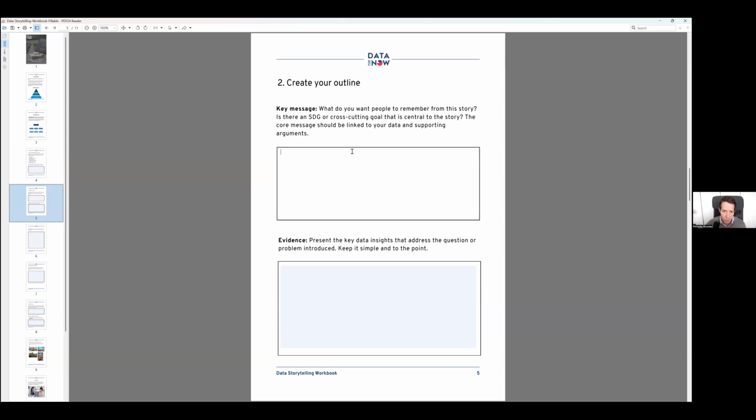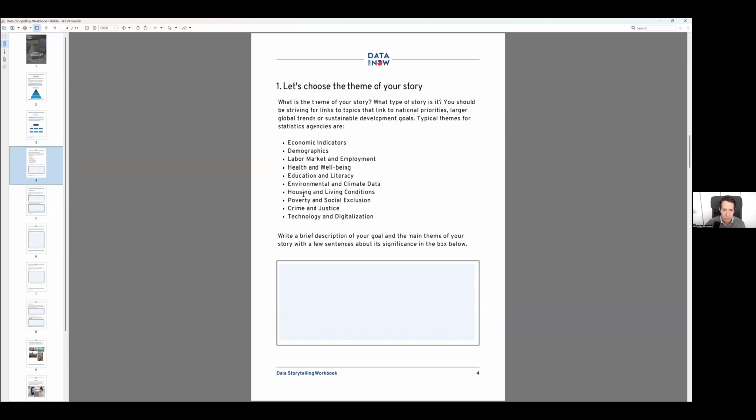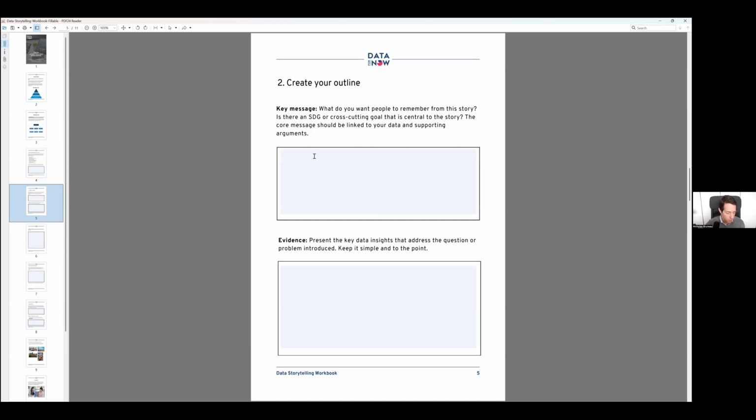If you have a key theme, for example, as we mentioned, that looks at environmental and climate data, and you have brought together pieces of data around climate change in your country, or the impact of floods, then with all these pieces of data, what is your key message? What is it that you want people to remember?